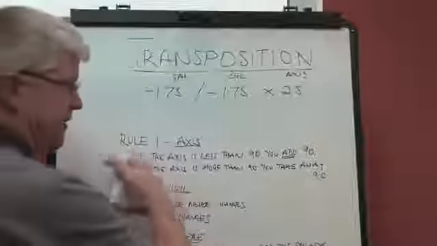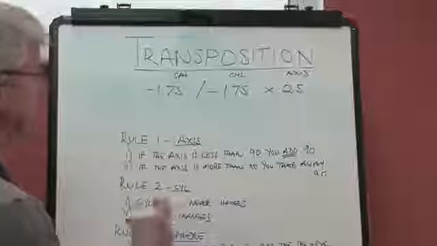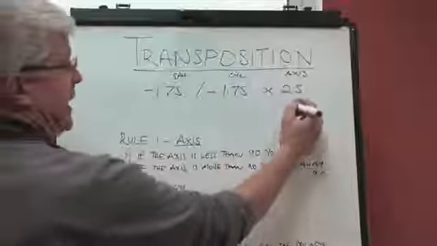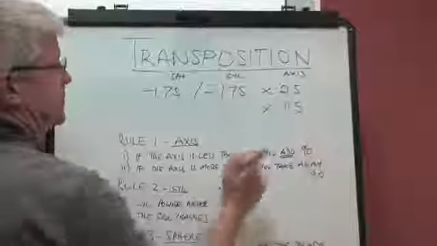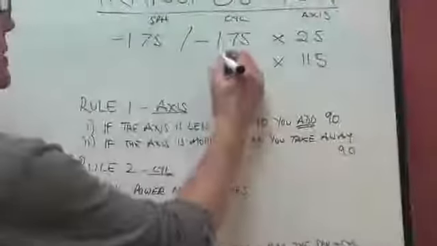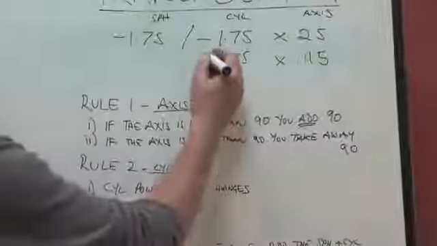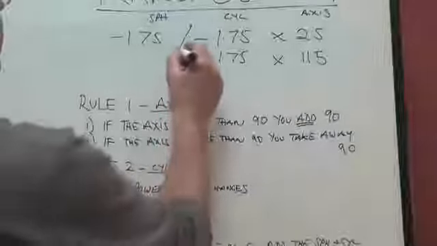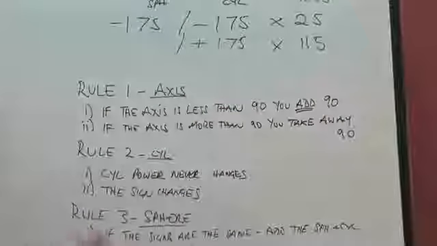Let's follow these simple rules, and then we'll be able to do it very simply. If the axis is less than 90, you add 90, so we end up with 115. The cyl power never changes, so we know that that's a 1.75. The sign does change, so that's a plus, so we're already halfway there. We've got a minus 1.75 and a minus 1.75.